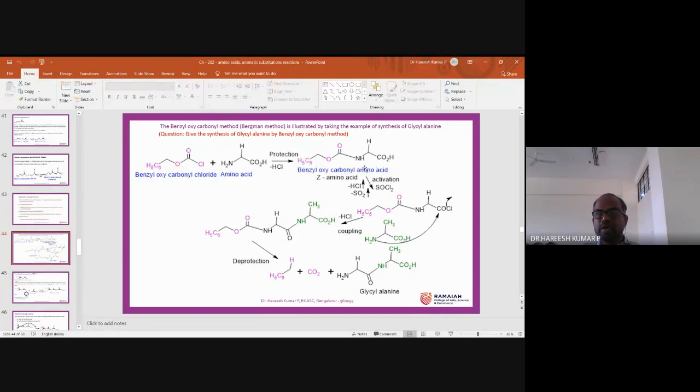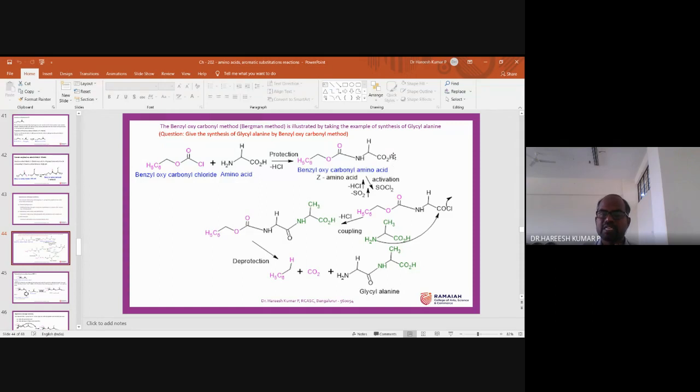So this was subjected to activation. Activation means treating with thionyl chloride. What is the role of thionyl chloride? It converts acid into acid chloride. What is happening actually?